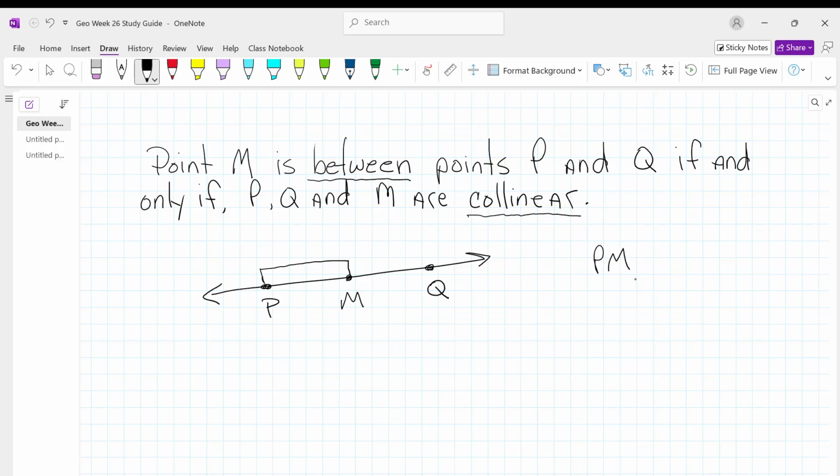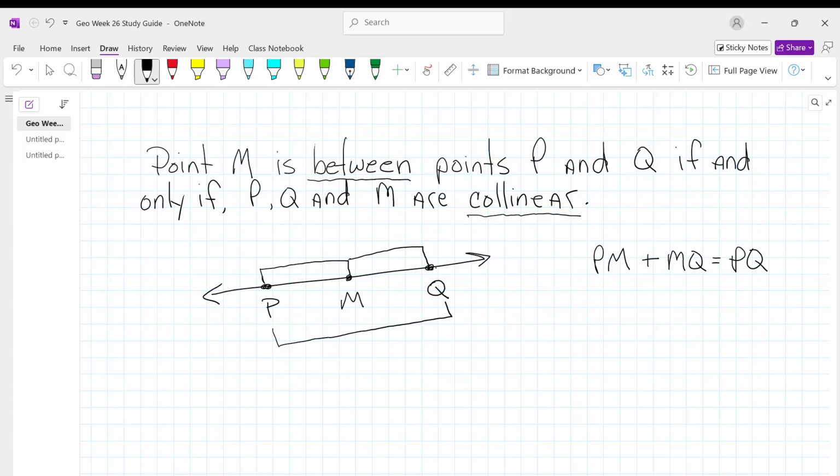So segment PM plus the length of segment MQ, which is the distance from point M to point Q. So PM plus MQ is equal to the distance from P to Q. So if you add the 2 smaller segments together, it equals the length of the big segment. Everybody okay with that?